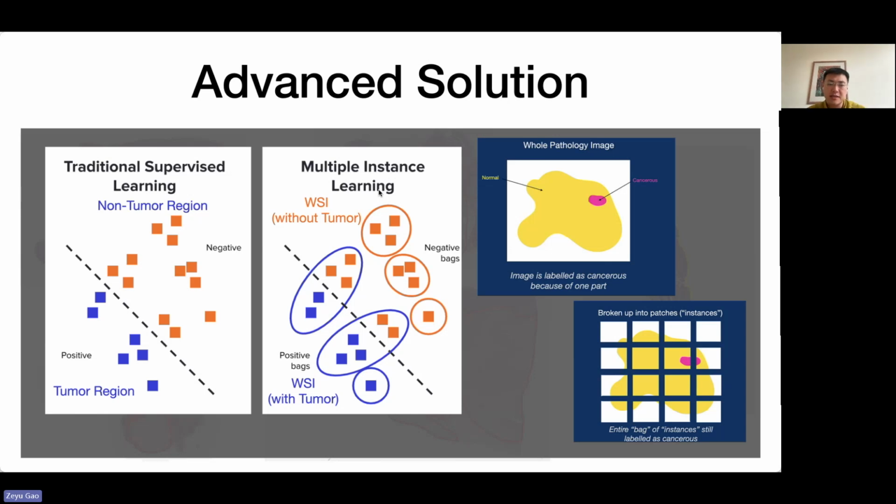If a bag contains any positive instance or positive regions, we call it a positive bag. So the final optimization goal is not to classify each of the regions into one category, but to classify each bag into one category. It's a negative bag or a positive bag.